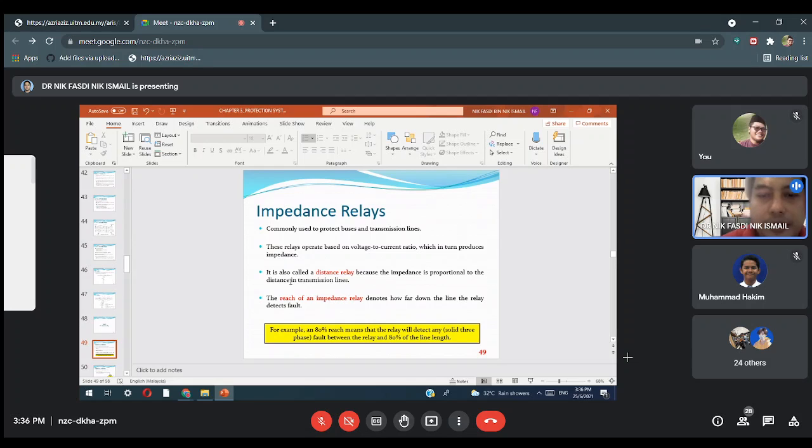The reach of the impedance relay denotes how far down the line the relay can detect faults. The reach, ZR, Z reach. For example, an 80% reach means that the relay will detect any solid three-phase fault between the relay and 80% of the line length. Meaning out of 100%, the relay will detect about 80%.